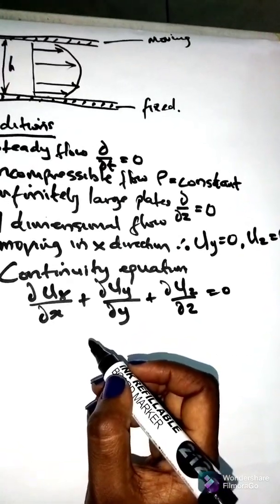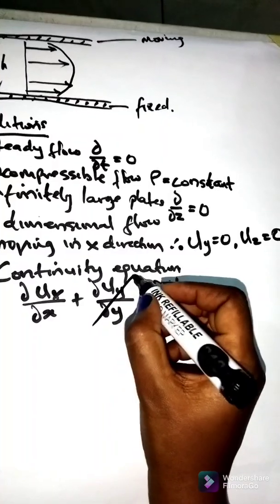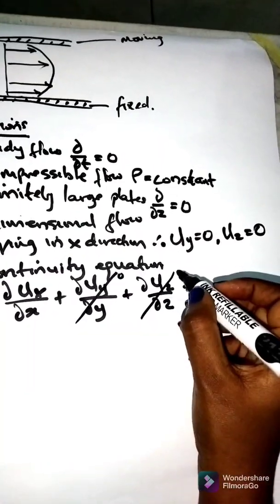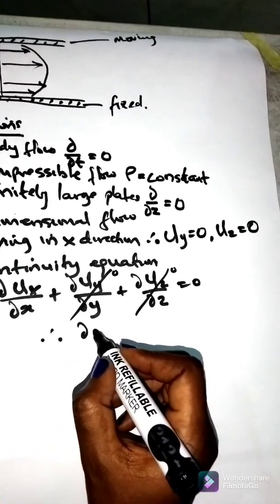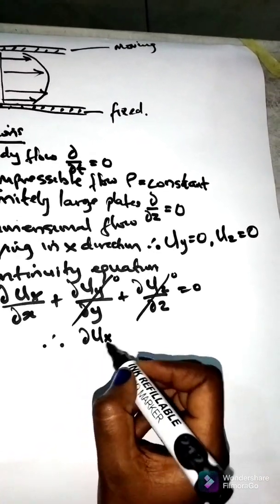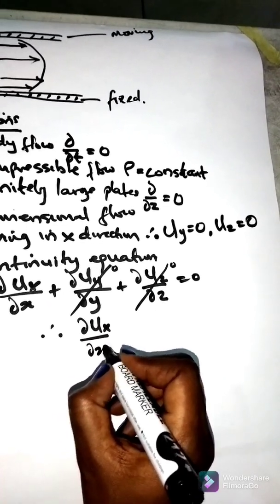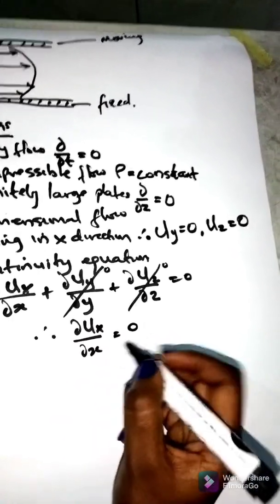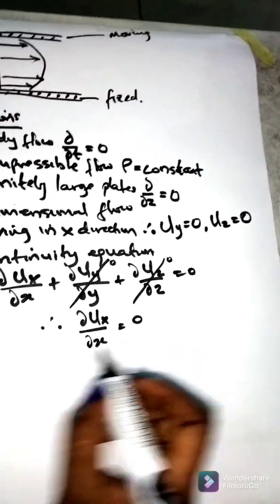For these conditions given, remember it's one directional, it's moving only in the x direction, so the y and z terms will tend to 0. Therefore, the partial derivative of the x component of velocity with respect to x is equal to 0.